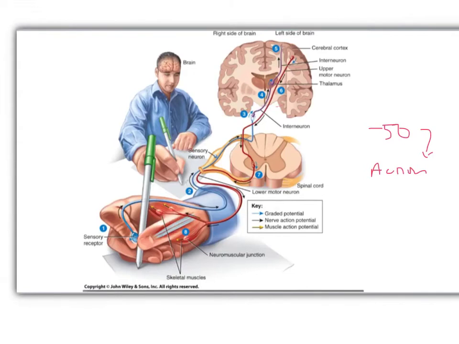But the interesting thing about a graded potential is that if one happens at low voltage, another graded potential might happen before the first is over. Say you have something like this, and before that first one ends, another one fires, and then another one fires. They can all add together to have a total potential difference great enough for an action potential to fire.